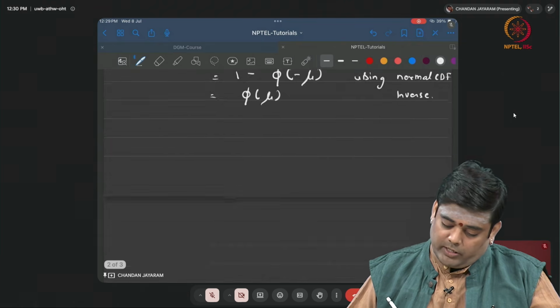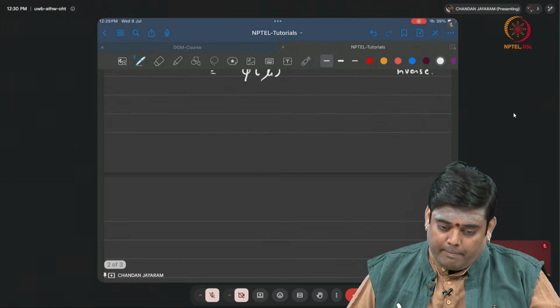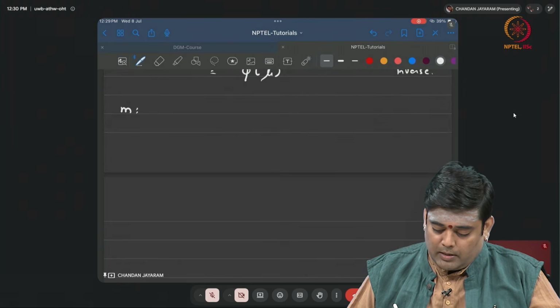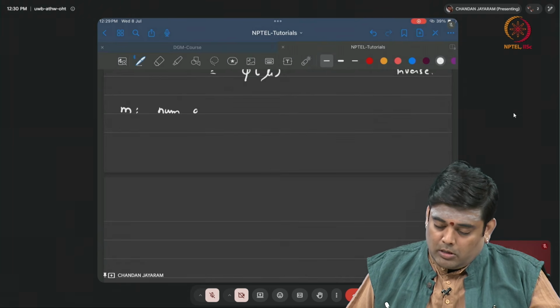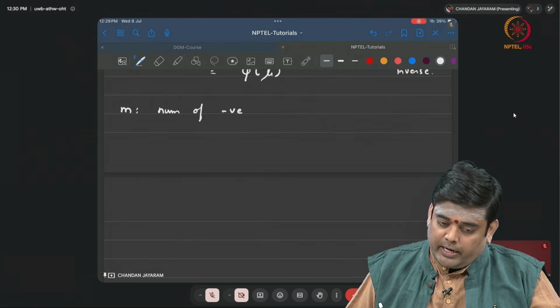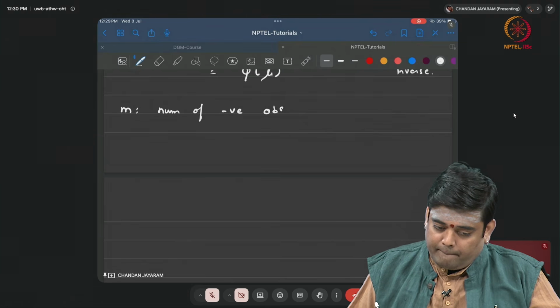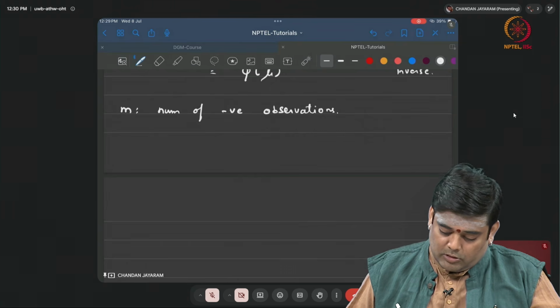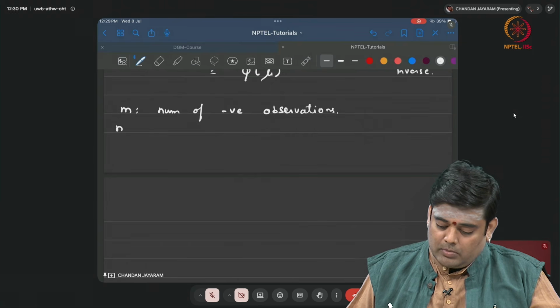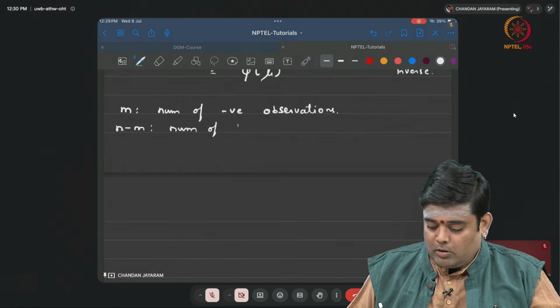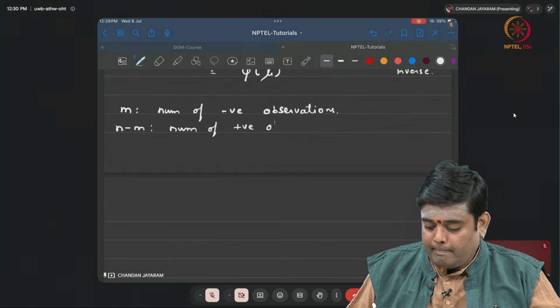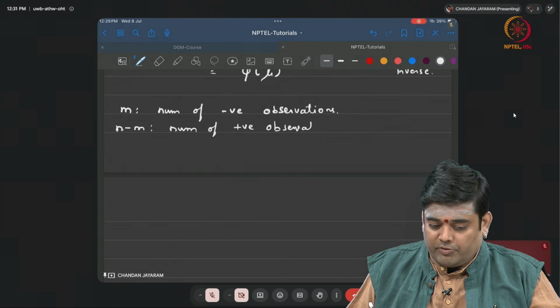Now coming to the data, we have m, the number of negative observations, and n minus m is the number of positive observations.